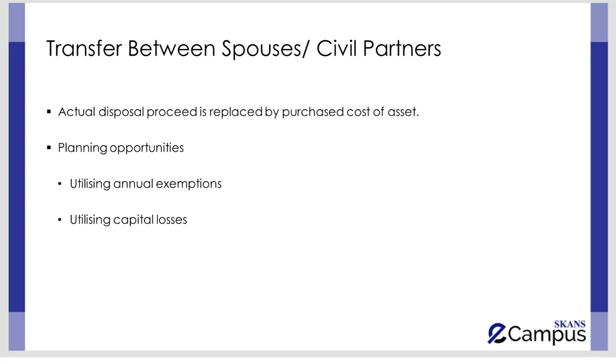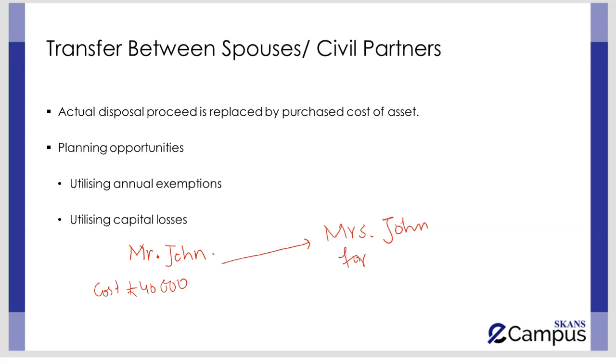So for instance, if Mr. John has purchased an asset for £40,000 and then he transferred the asset to his wife for, let's suppose, £75,000.